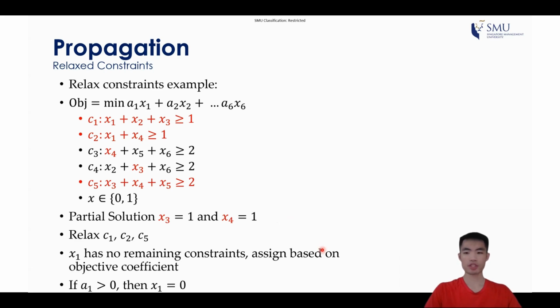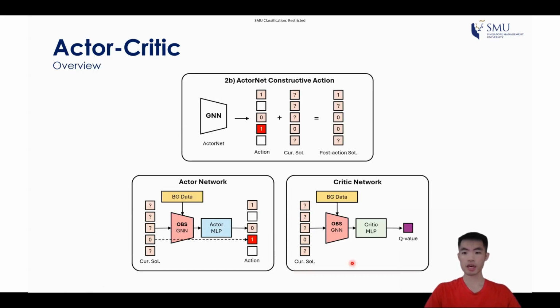If the objective coefficient a1 of variable x1 is positive, then we assign x1 to its lower bound value 0. Otherwise, if the coefficient is negative, we assign x1 to its upper bound value 1, which would ultimately minimize the objective. For the following sections, I'll be covering our model implementation and details into our reinforcement learning framework.